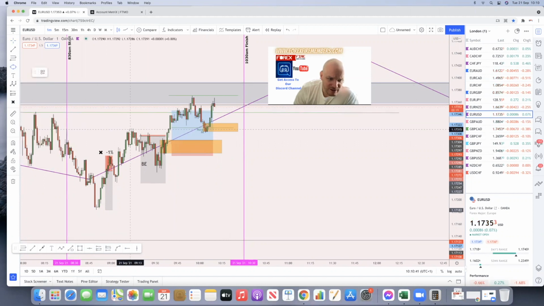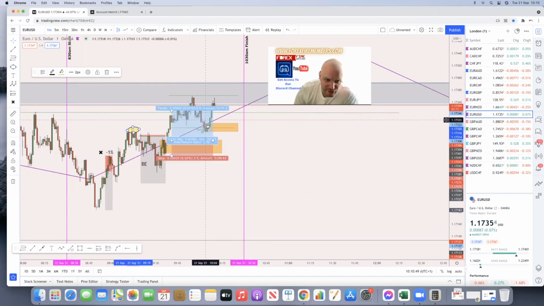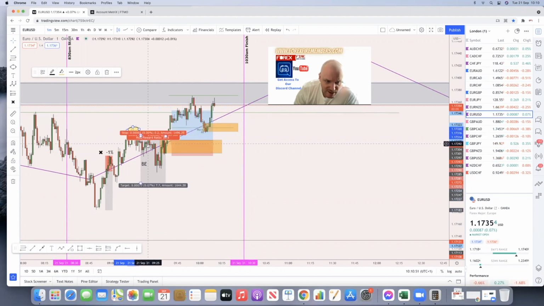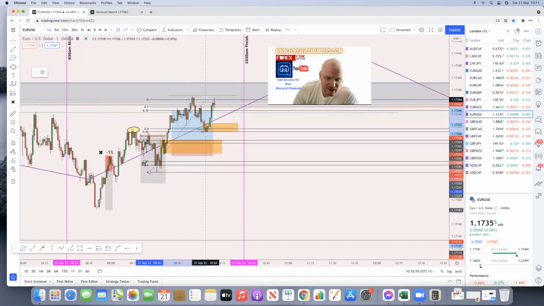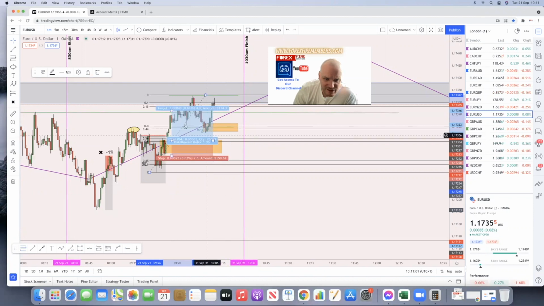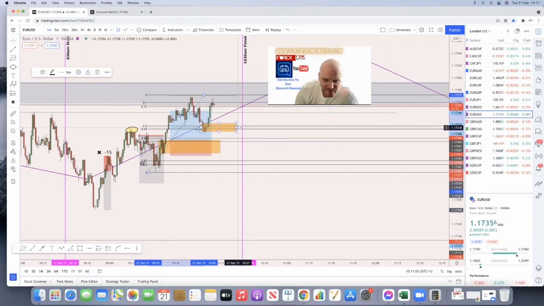Okay, so this is the higher high, the higher high, the higher high, the higher high. We've had a retracement back into more or less 50% of this impulse move. So if I was to do that to that, you see how the fire zone there is respected.